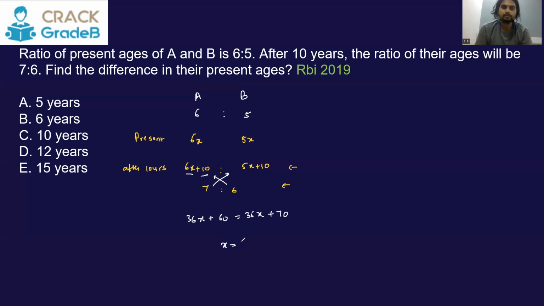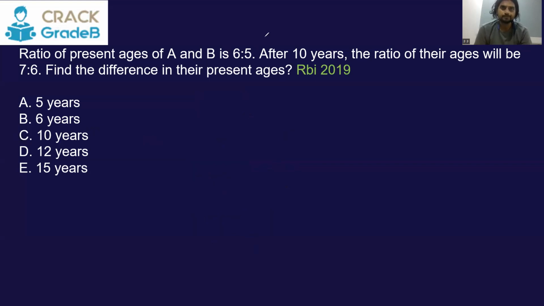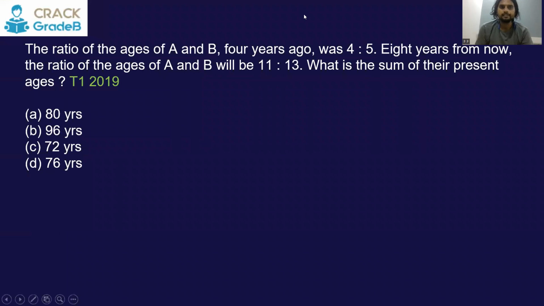That gets us x is equal to 10. And if x is 10, they are asking what is the difference between these two. So the difference between 6x and 5x is x. So the difference here is going to be 10 years. Easy. Let's see this.